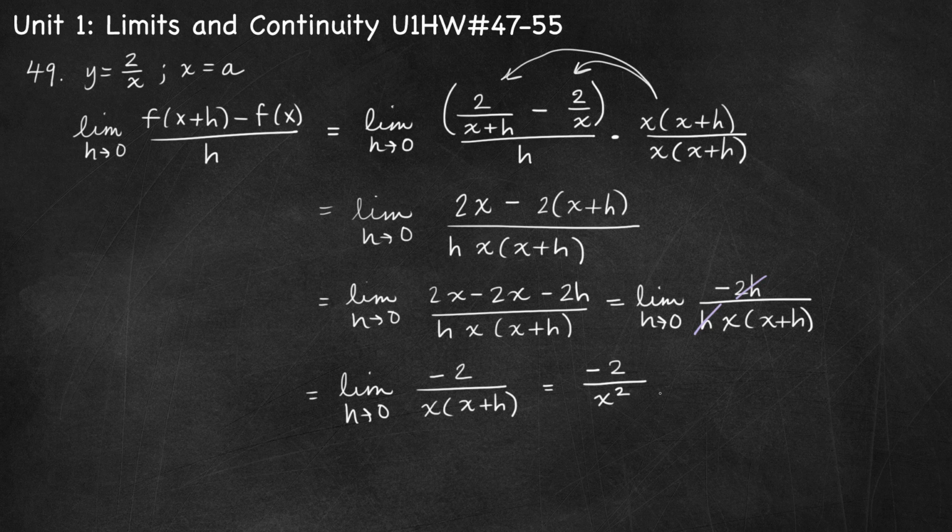This is my limit, negative 2 over x squared. Now we wanted to find the slope at x equals a. So all I have to do now is substitute a in for the x. So the slope of my function f of x at x equals a is negative 2 over a squared.